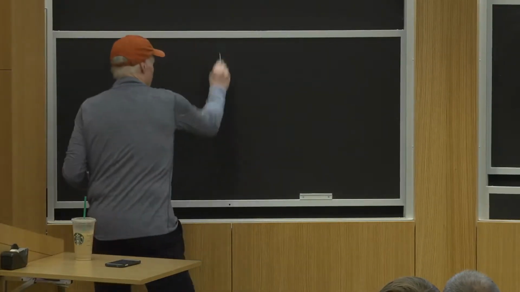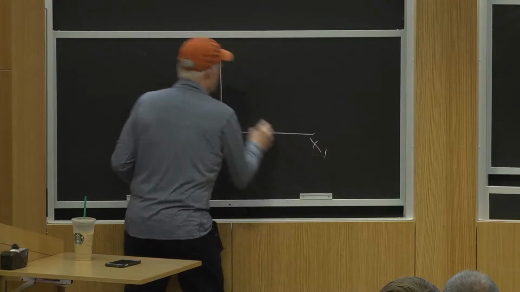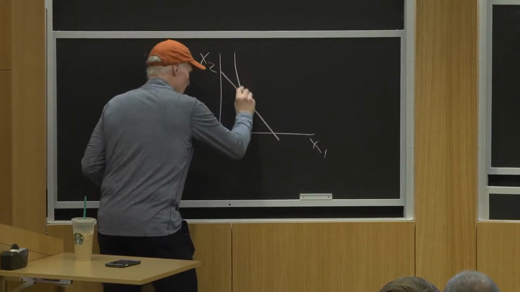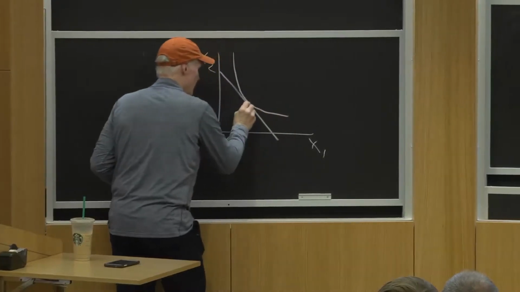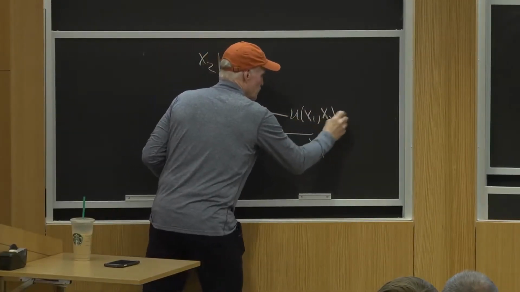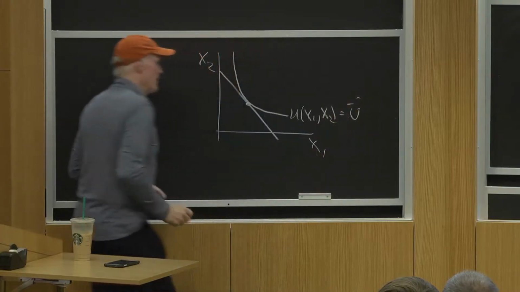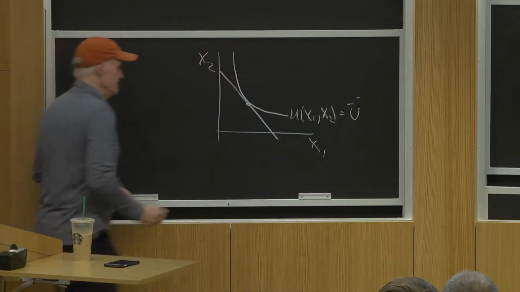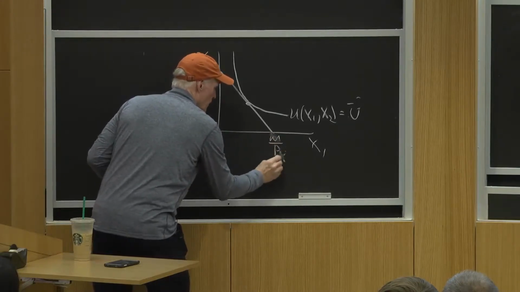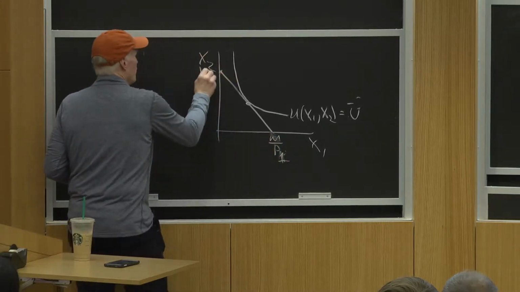Think of the two good cases, x1, x2. I've got this solution. This is u of x1, x2 equals u bar. This is some m over p1, m over p2.